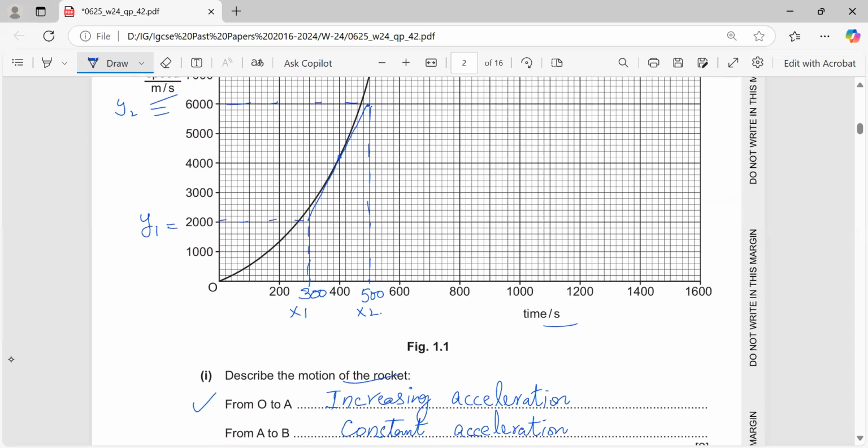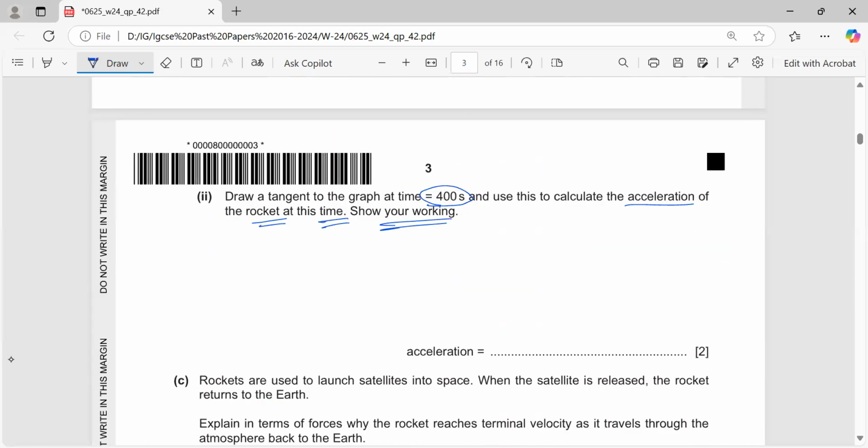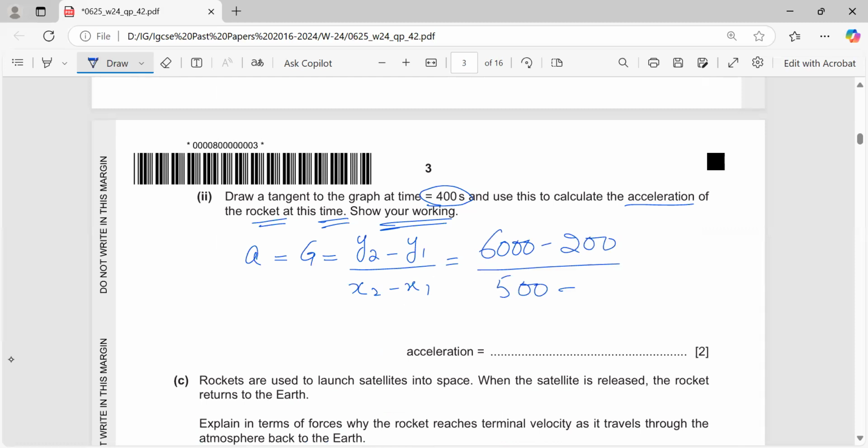First of all we will write here that acceleration is equal to the gradient of the speed time graph, that means y2 minus y1 over x2 minus x1. So this is 6000 for y2, 2000 is y1, x2 is 500 and x1 is 300, if I'm not wrong.